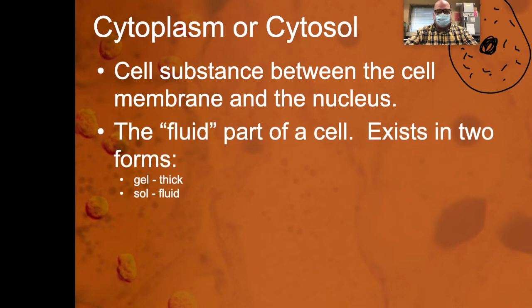It also gives a pathway for things to move. Liquids are really good for moving chemicals around. It's sort of like a pond, where you can float things on one side or the other. I was going to say a river, but rivers have an in and out. This does not. There's a gel type and a sol type, based on their viscosity.